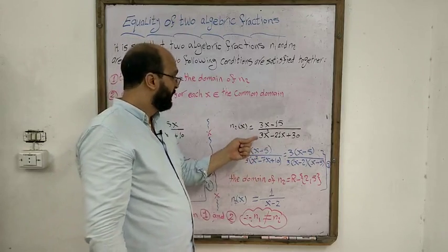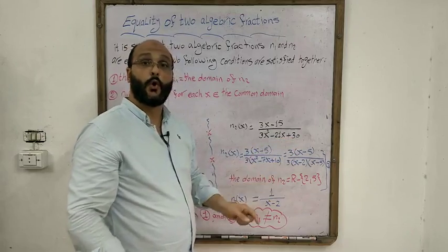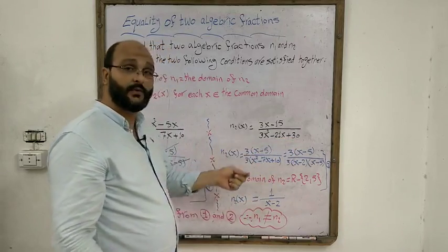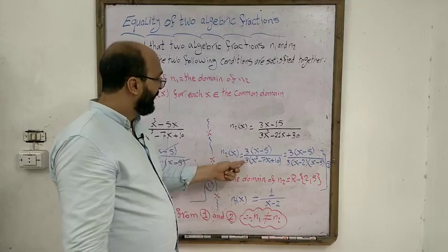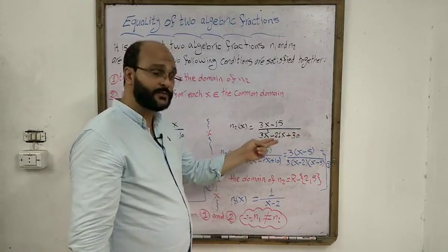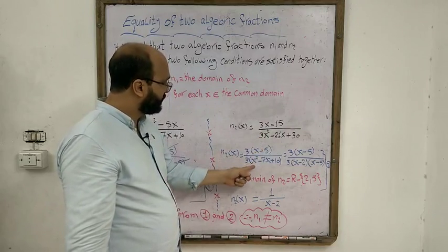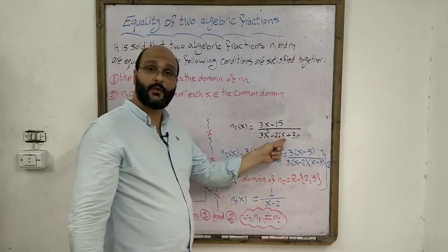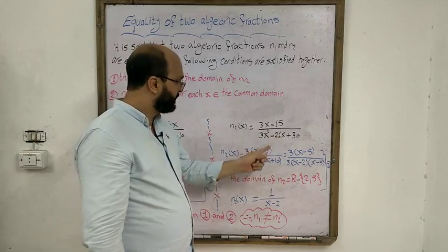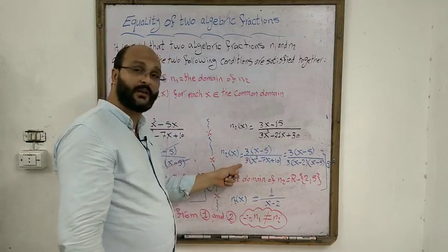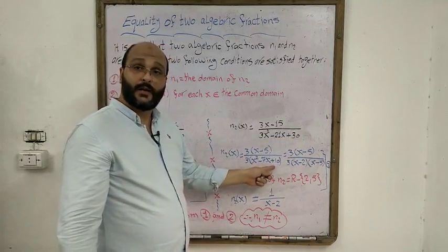In the denominator we have 3, 21 and 30, all divisible by 3. We take 3 as a common factor and divide all terms by 3: x to the power of 2, minus 7x, and 10.